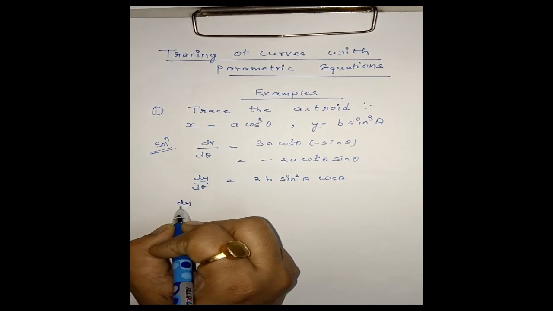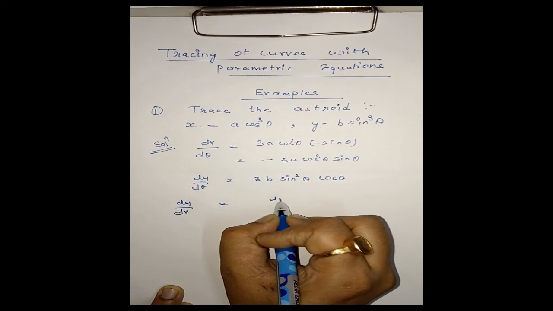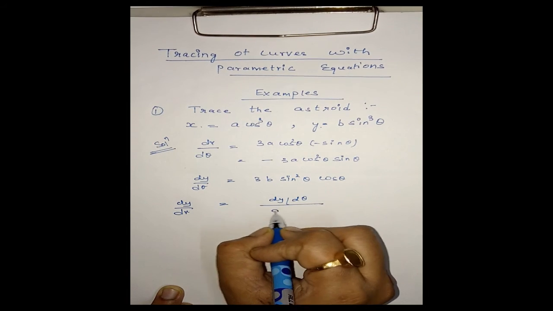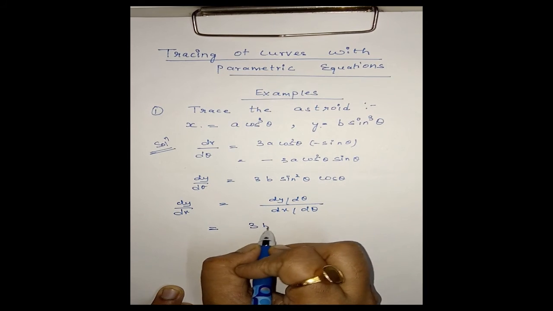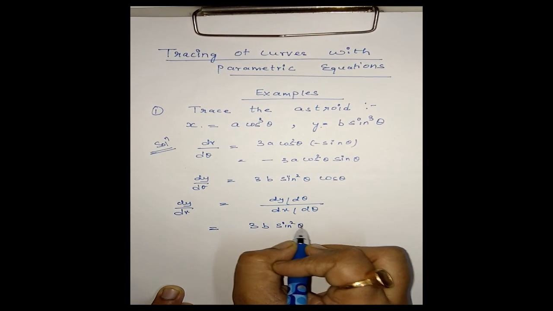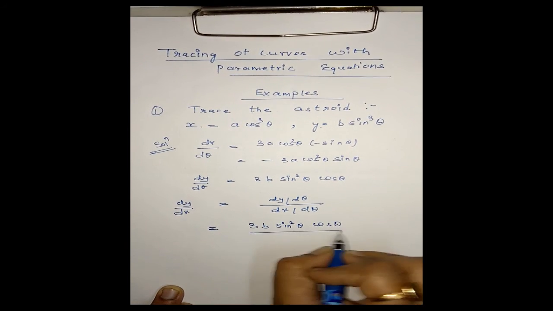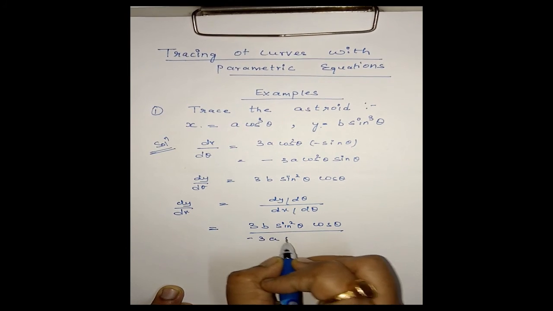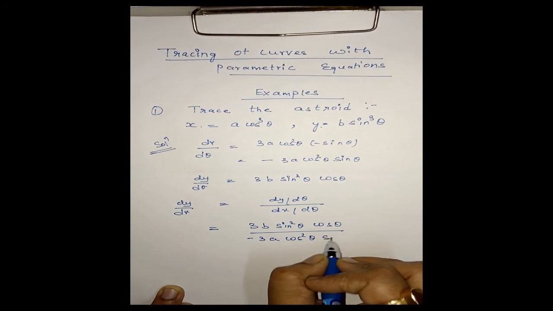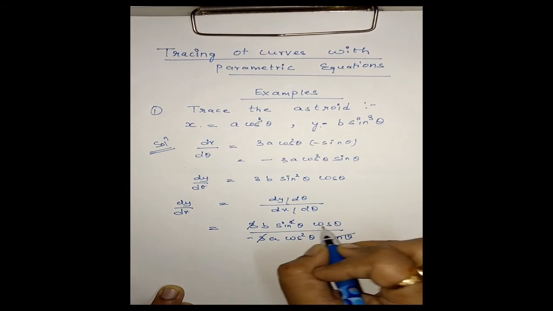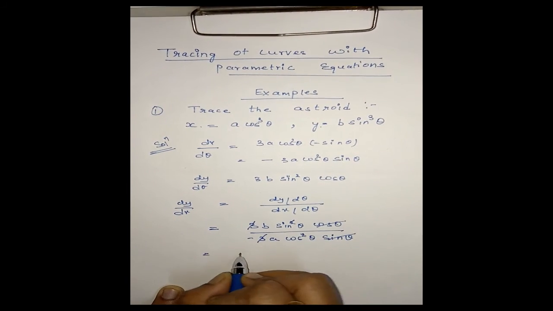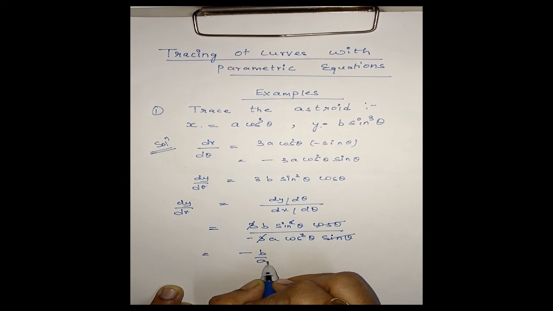That means dy by dx, which is given by dy by d theta divided by dx by d theta, is equal to 3b sin square theta cos theta over minus 3a cos square theta sin theta. That is equal to minus b by a tan theta.